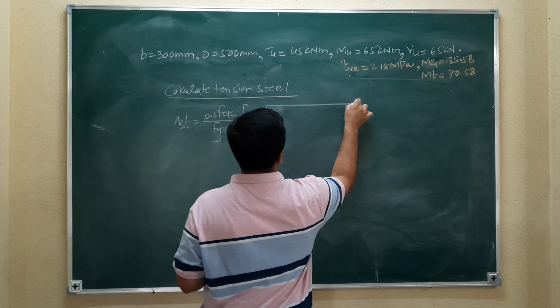Put all these values: 0.5, FCK is 20, FY is 415.